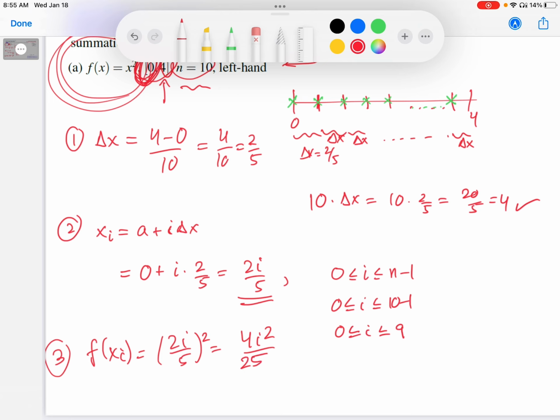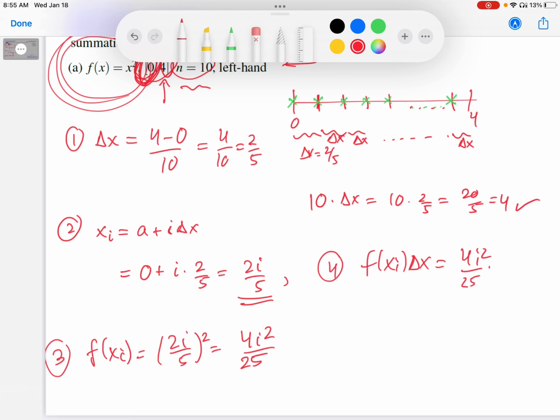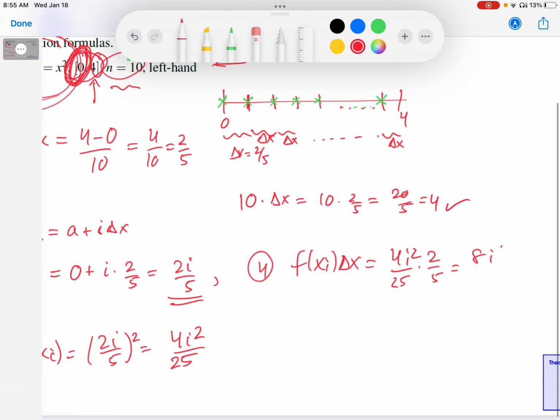So I have my f of x sub i, and then what is the next step? Now I'm going to calculate the area of the ith rectangle. That is step number 4: f of x sub i times delta x, 4i squared over 25 times 2/5. So that is 8i squared over 125.